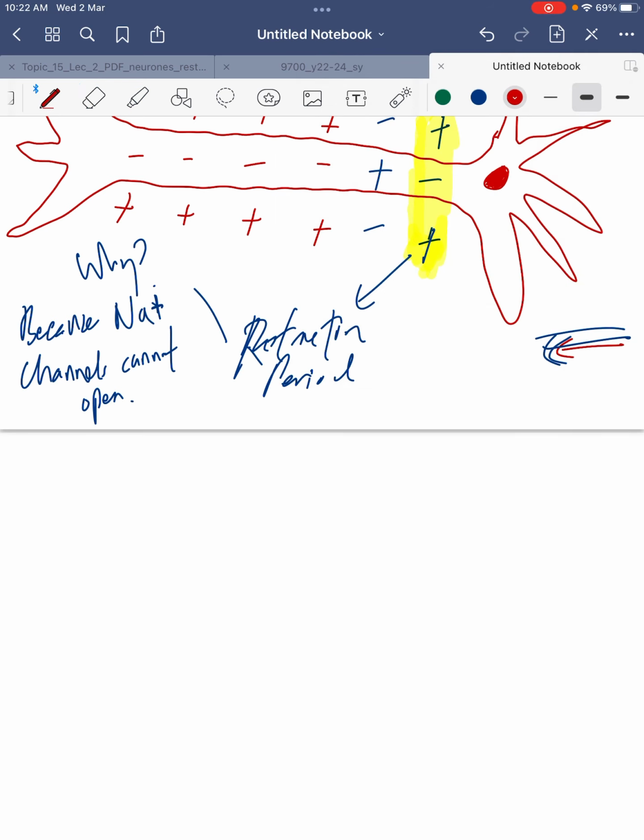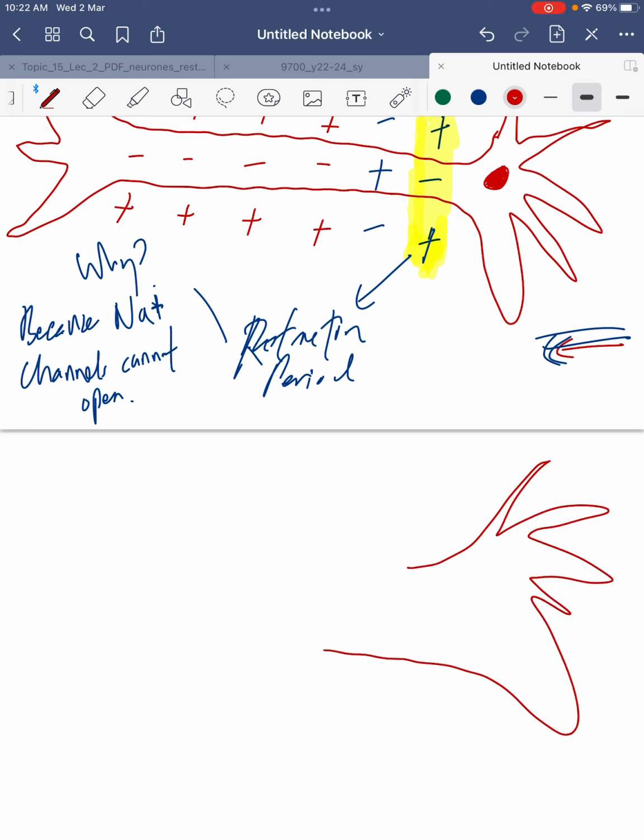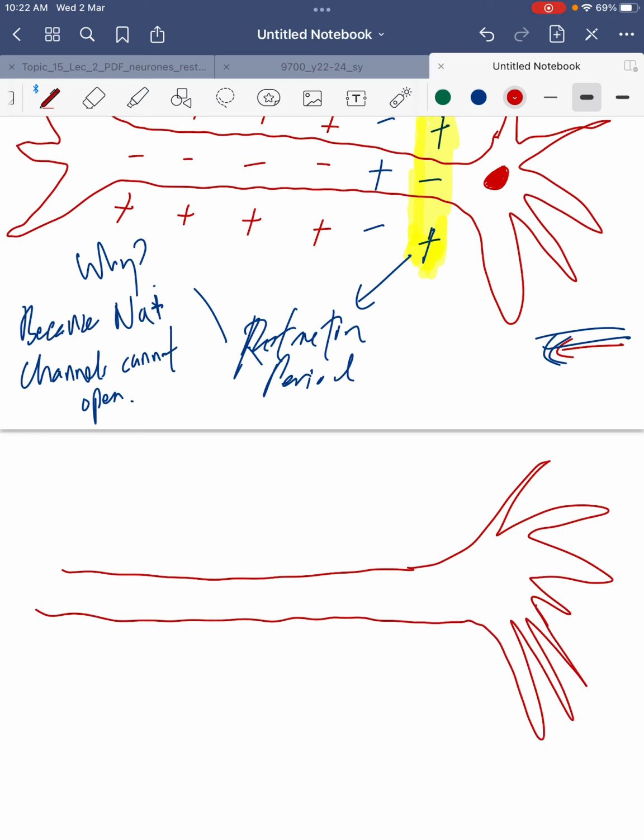The second one is, I'm just going to draw the dendrites here. Let's draw a better one. Okay, cell body, this is the nucleus. This is negative, positive.